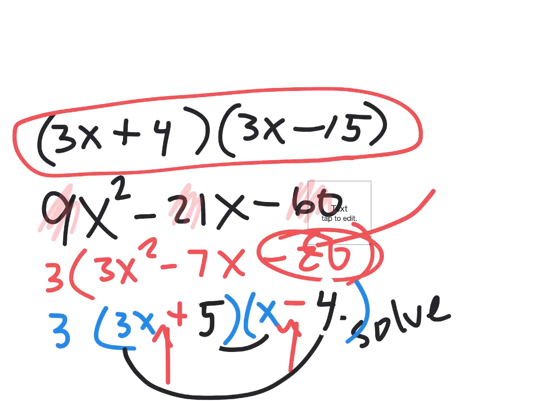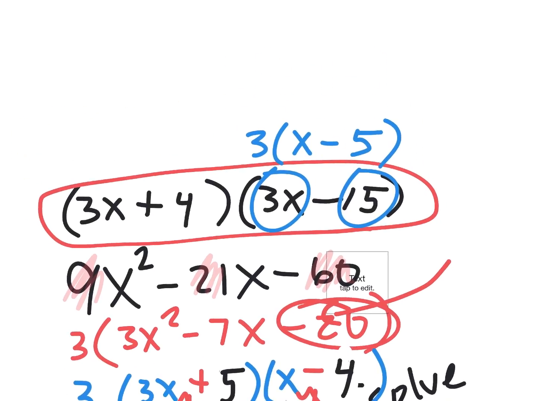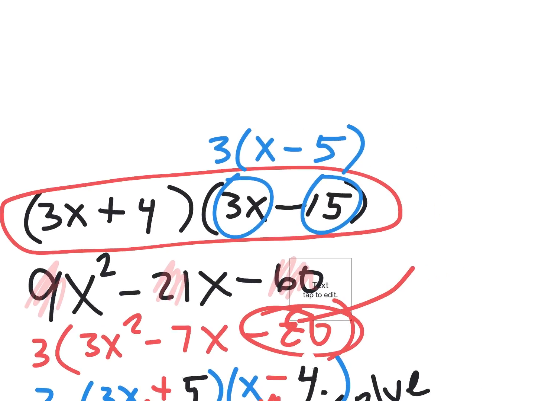So then, this and this both have a 3. It comes out x minus what? All right. And now, if I put that 3 to the front, uh-oh. You were close, but this isn't going to work. You know how I know? I'm going to multiply it out quick, and move this 3x plus 4 to the end.